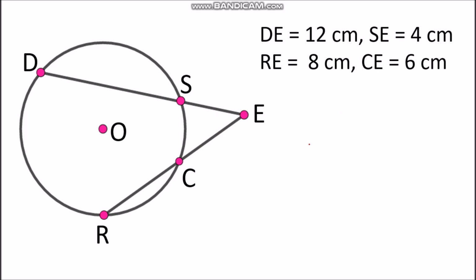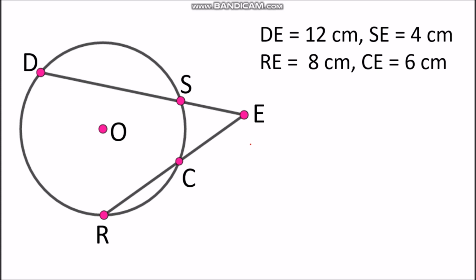Now, if we apply the theorem, we can say that if we multiply the length of one secant segment to its external part, then it should be equal to the product of the other secant segment and its external part. So let's write first the equation based on the segments here.